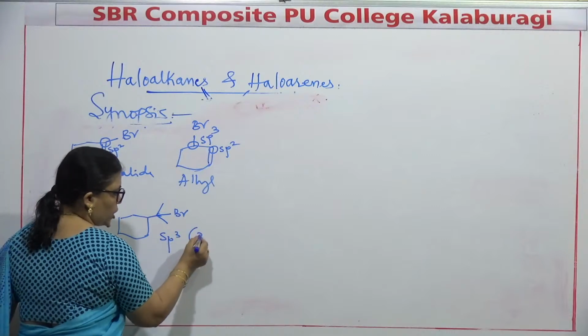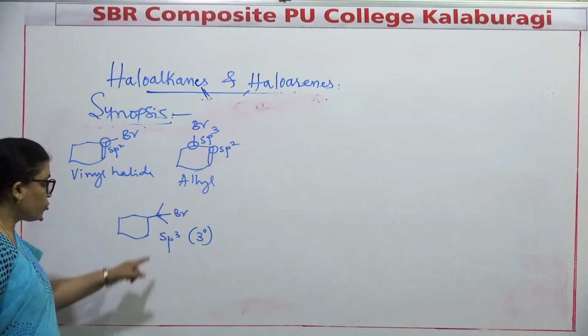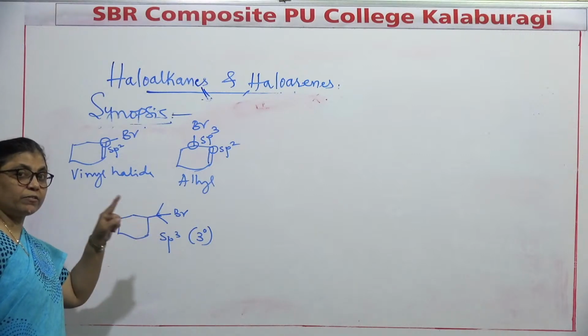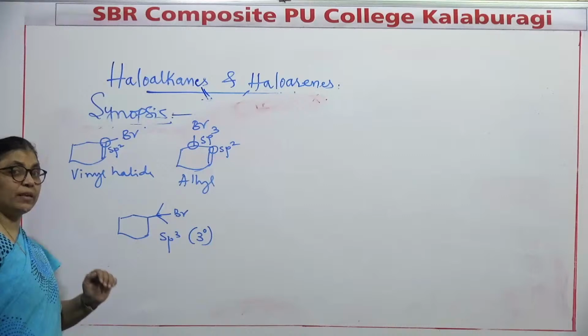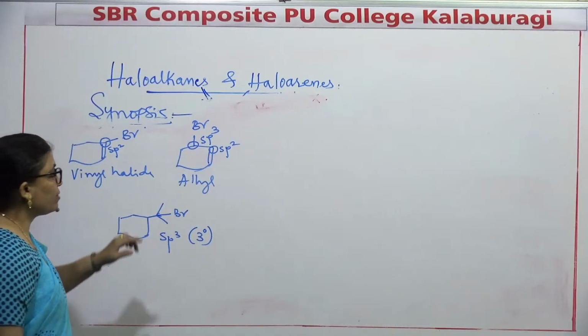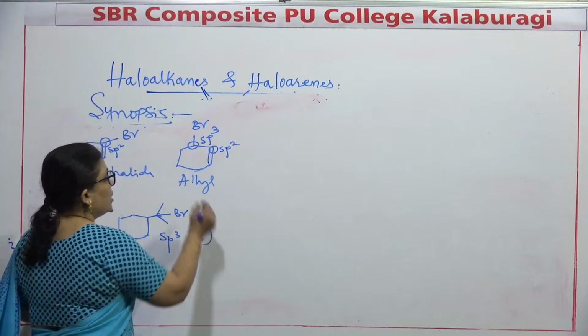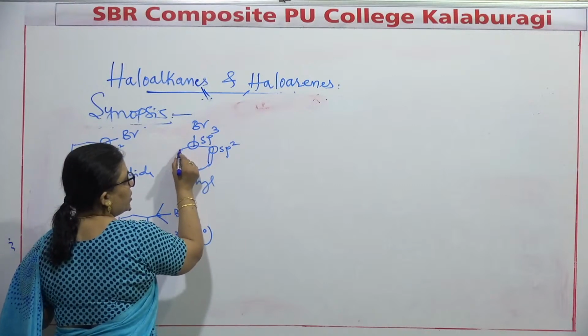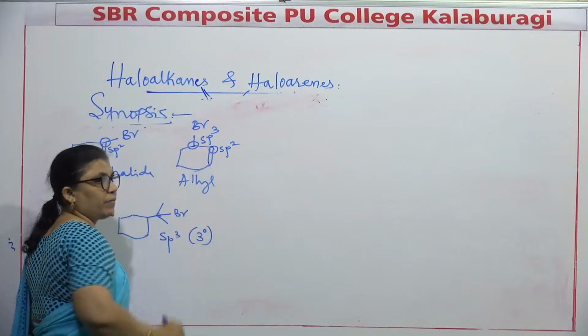It is tertiary in nature. So whenever we are dealing with saturated hydrocarbon, we discuss primary, secondary, tertiary also. This is the carbon which is linked with 2 carbon atoms and on one side we are having Br.